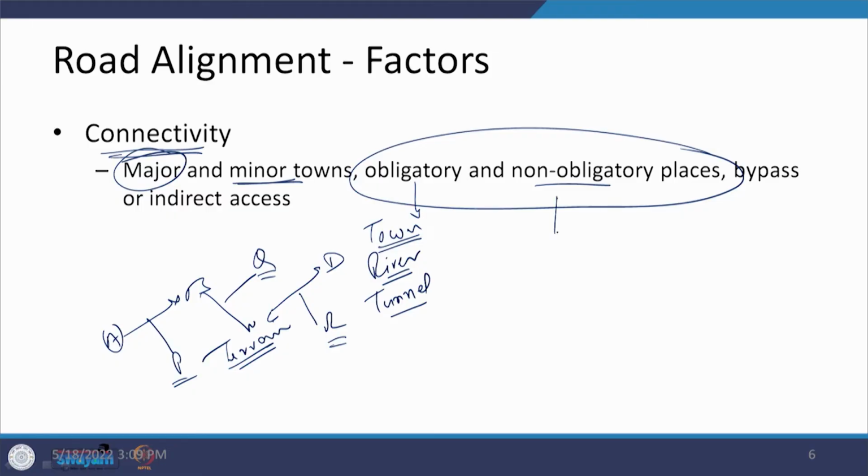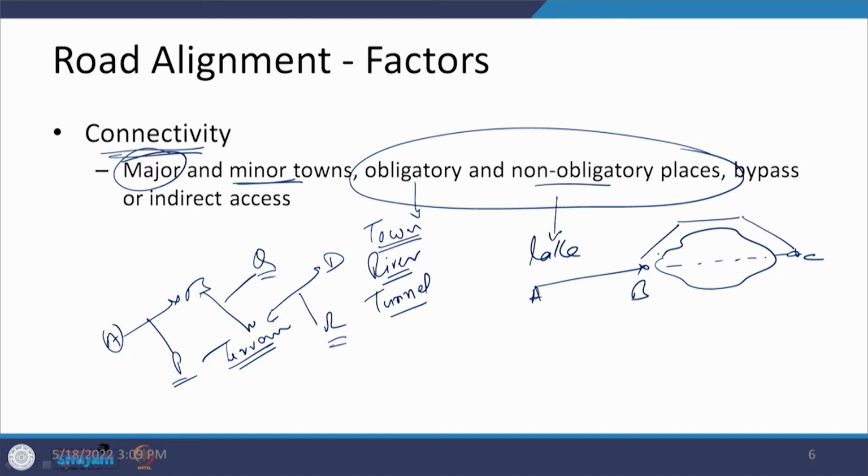So, there can be different such points which may fall into obligatory conditions, but there can be a set of non-obligatory places. Say if you talk about a lake, it is not advisable to go through it. You are coming with the profile from A to this point B and then there is a point C. One way is that you think of connecting it like this, but rather than that, the better way of connecting it is that you go into this form rather than this one.